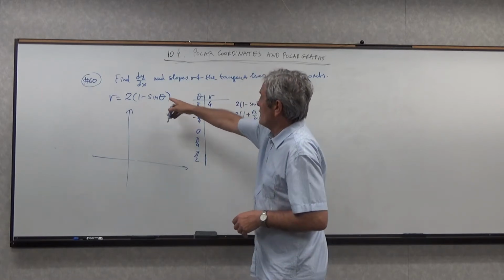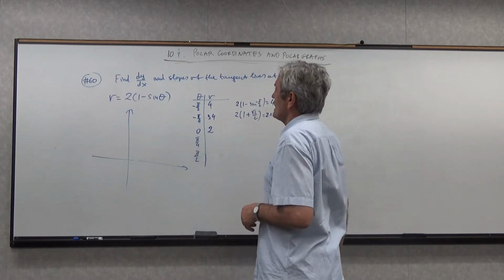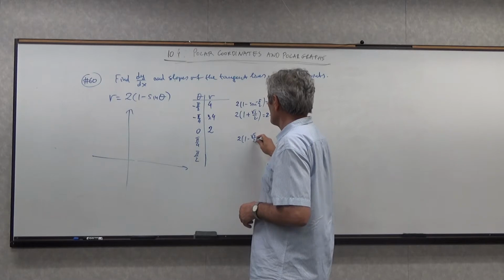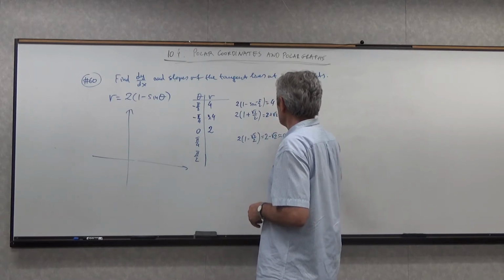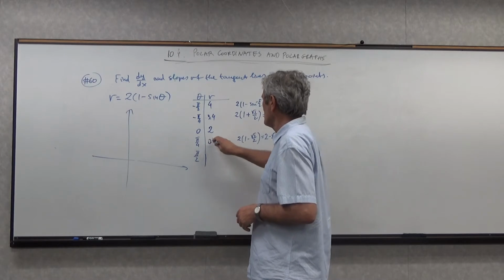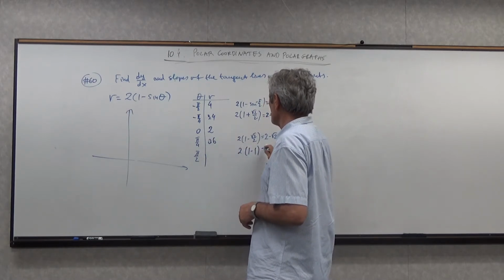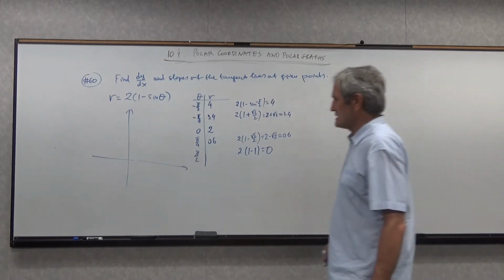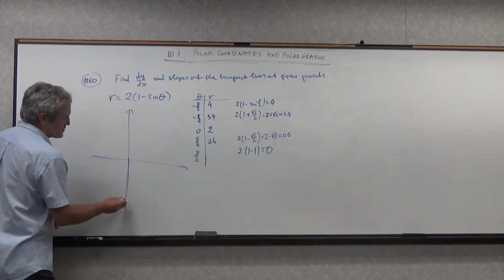At 0, sine 0 is 0, so I'll get 2, obviously. At pi over 4, I'll get 2 times (1 minus root 2 over 2), which is 2 minus root 2, approximately 0.6. And at pi over 2, I'll get 2 times (1 minus 1), so I'll get 0. So generally what happened is that my r got shorter and shorter.